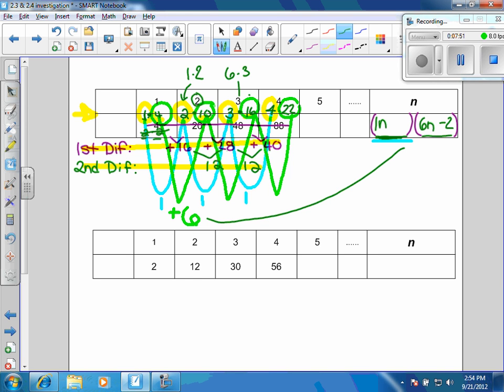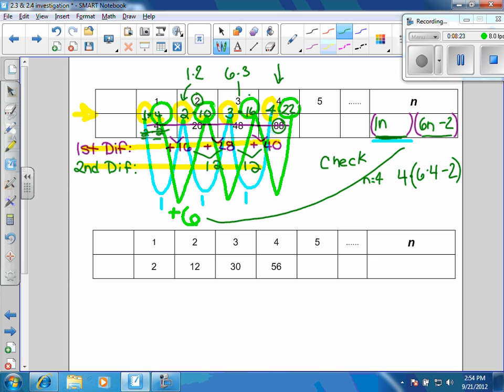Okay, so now we should check our answer. Let's just check it with 4. If n is equal to 4, the rule says I'm going to do 4 for the first set of parentheses times... I'm just going to pick 4, and my goal is, do I get 88? Can you see the 88 still is there? 4 times, 6 times 4, take away 2.